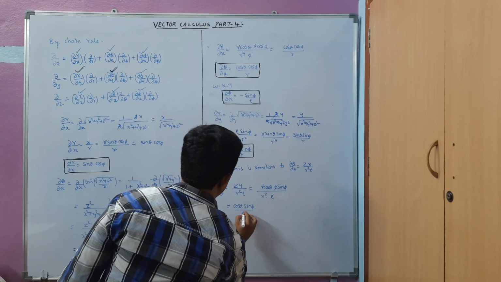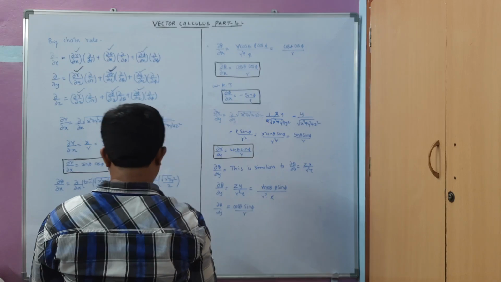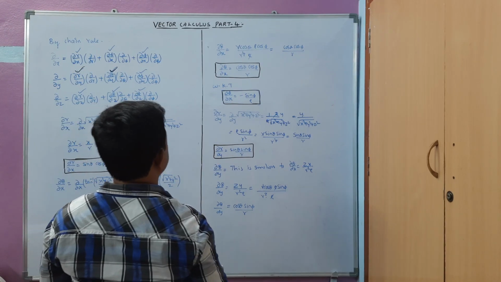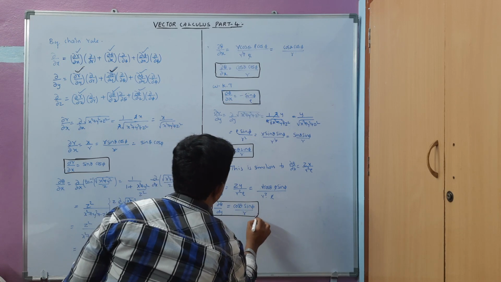One r will be left here, that is dou theta by dou y. So that is the equation which we have got for dou theta by dou y. So this is also completed, finished.